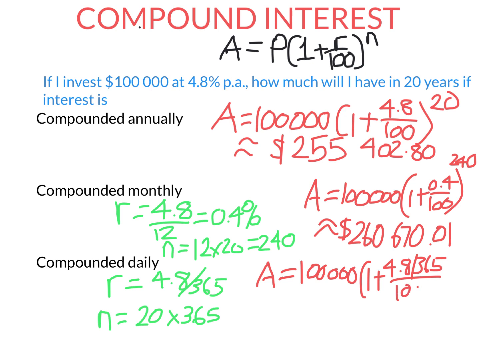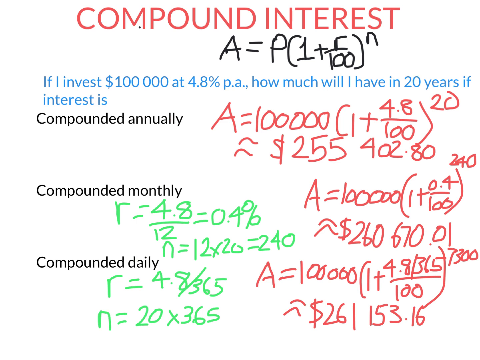Divide that by 100, and we're going to raise that to the power of 20 times 365, which is actually 7,300. Putting that in our calculator, we should get $261,153.16.